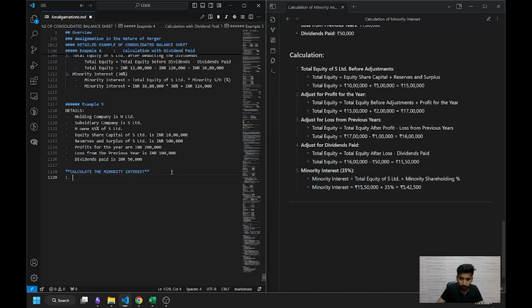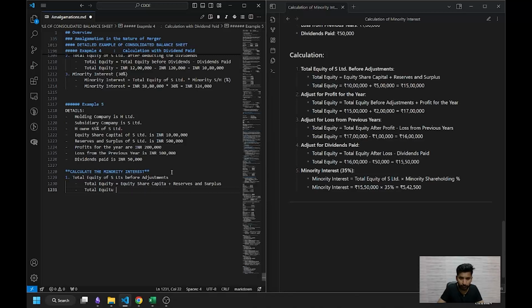So the very first step is to calculate the total equity of S Limited before adjustments, which is the total equity equals equity share capital plus reserves and surplus.